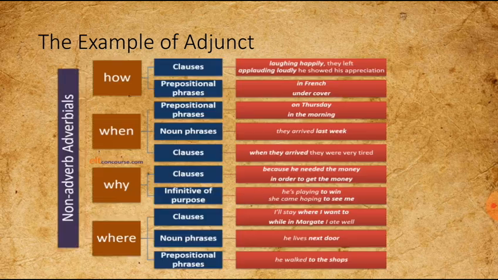Next is about other examples of adjuncts. As you can see, there are many examples of adjuncts, and they can be in the form of clauses, prepositional phrases, noun phrases, or infinitives of purpose, etc. You can read the examples by yourself.